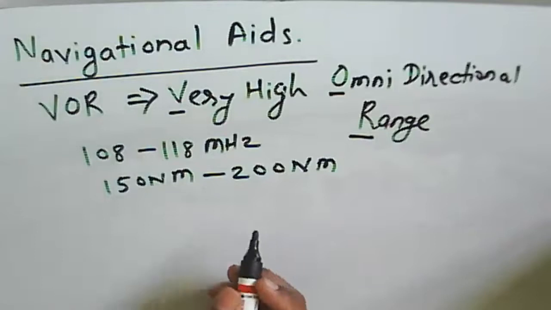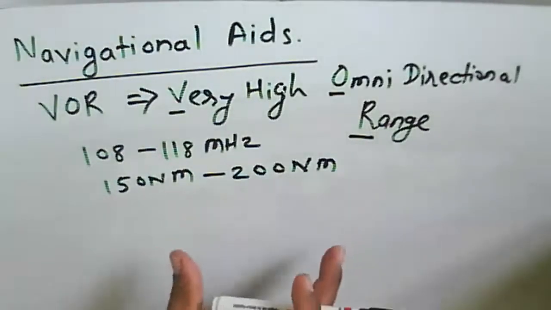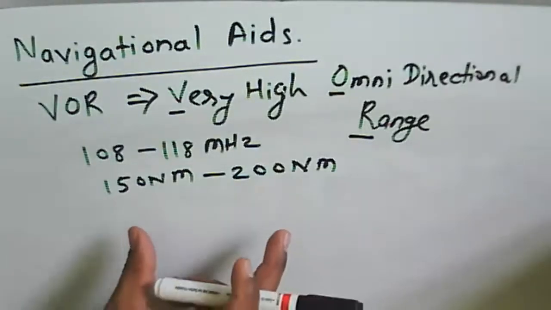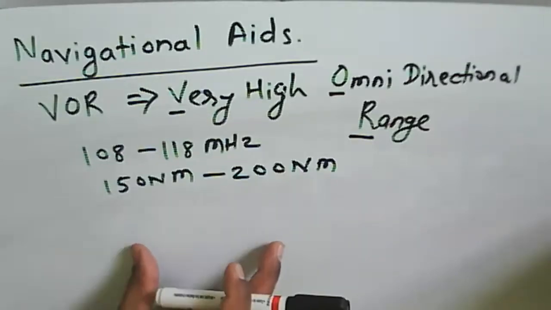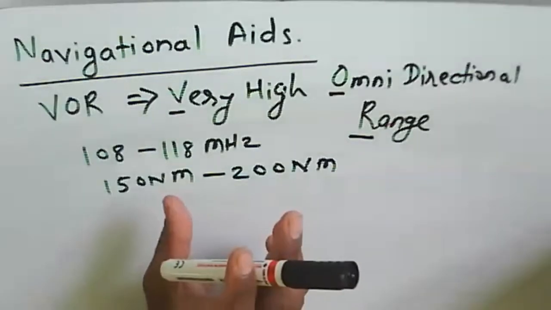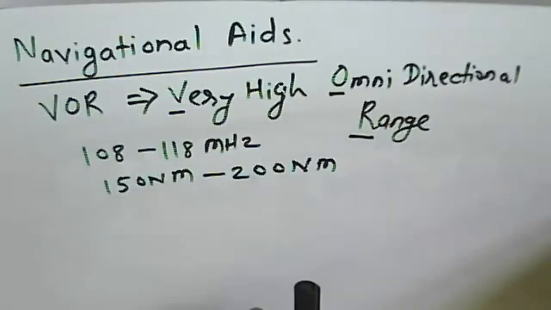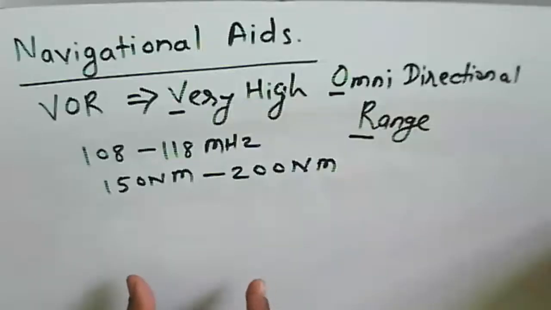So it provides an indication of an aircraft within the particular region, and then it will track the aircraft from the station. It will use an omnidirectional antenna. One antenna is a fixed one and another antenna is a rotating one. So it provides two signals.